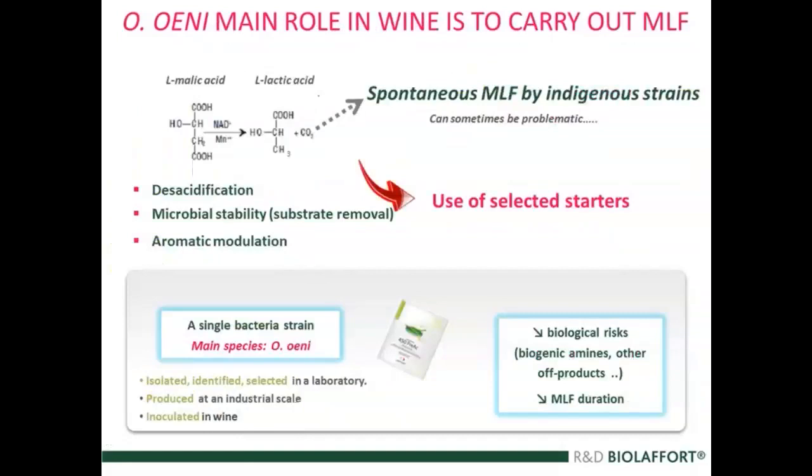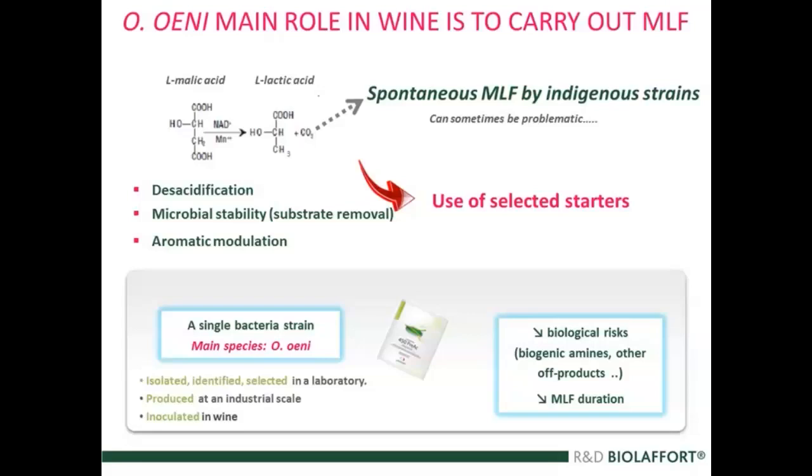Its main role is to carry out malolactic fermentation, which consists in the decarboxylation of malic acid into lactic acid, hence bringing a deacidification and also microbial stability, because it will remove substrate, the first one being, of course, malic acid. And it will also participate through secondary metabolisms to aromatic modulation.